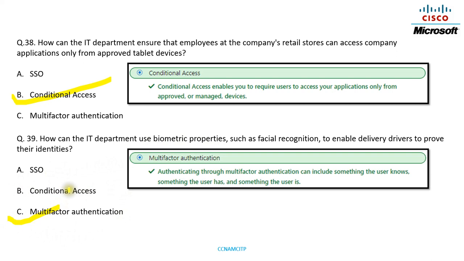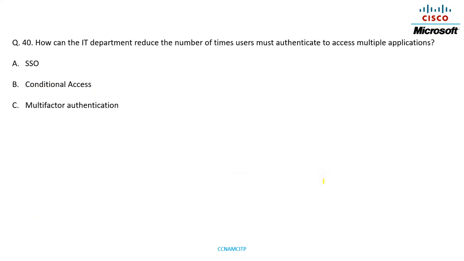Authenticating through multi-factor authentication can include something that the user knows, something the user has, and something the user is. That is known as multi-factor authentication. Next one, how can the IT department reduce the number of times users must authenticate to access multiple applications? For this, they can use single sign-on, SSO.